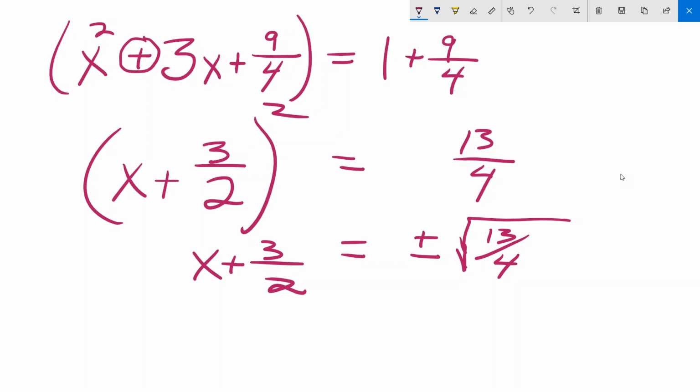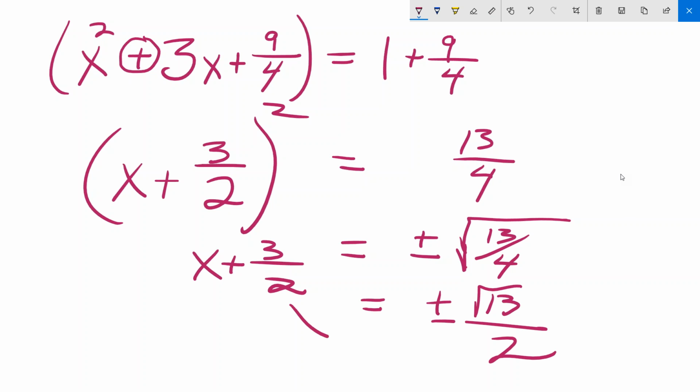Can you do the square root of 4? Yes, you can. But first you need to say that that whole thing is equal to the square root of 13 over the square root of 4. So the right side becomes plus or minus root 13 over the square root of 4, which is 2.